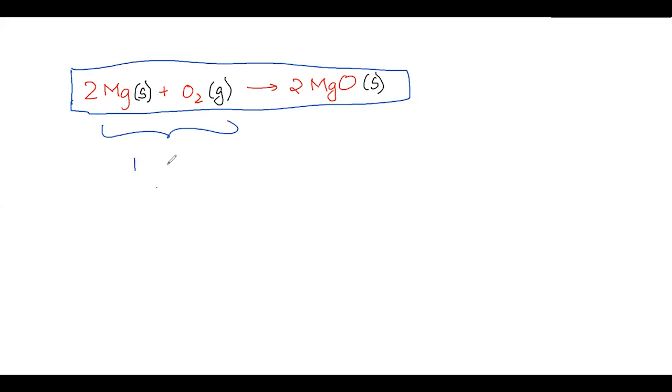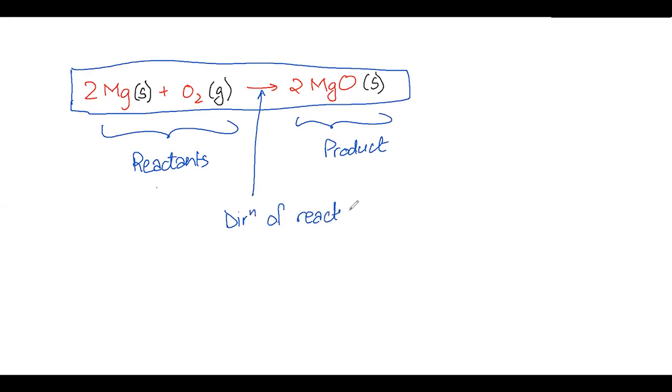The reactants, the product, the direction of reaction, which is denoted by the arrow. Now these numbers denote the balancing.